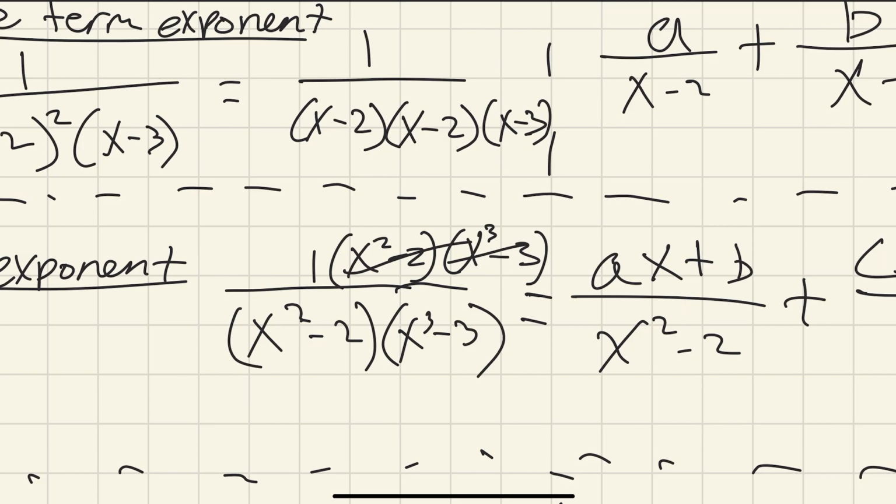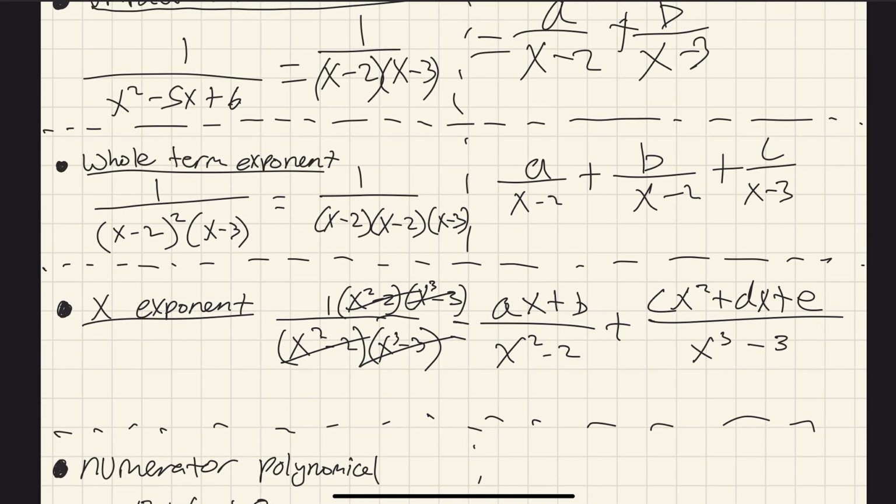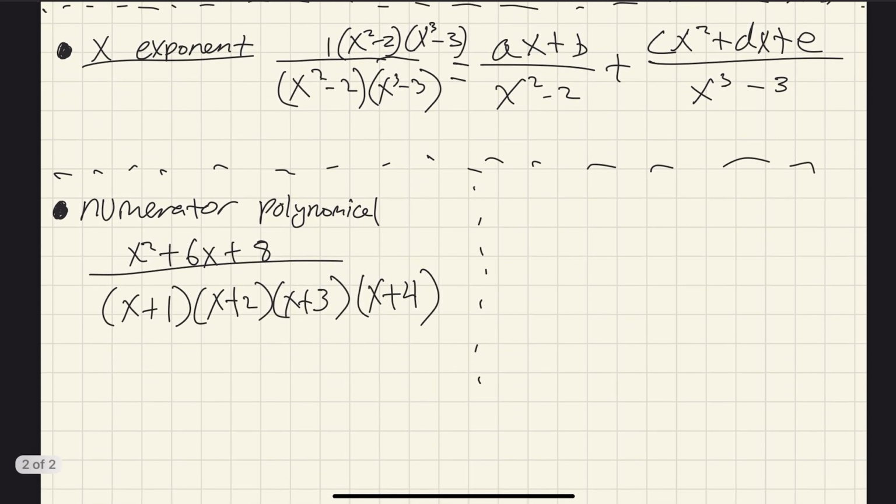These would cancel. You'd multiply this side by that stuff. Everything looks the same strategy. The answer just looks different. You're going to have more unknowns. It's kind of annoying, but it all works the same.